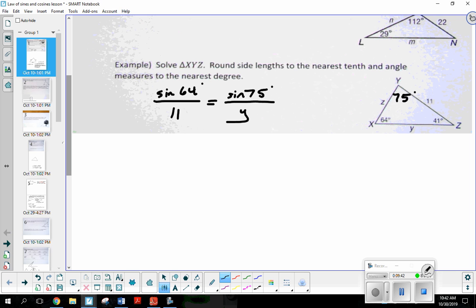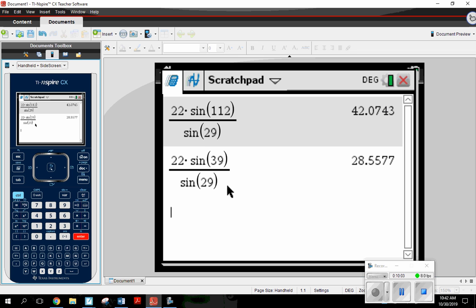Okay, cross multiply. So let's see here. Eli, can you give me the expression that's going to give me the length Y? There we go. 11 times the sine of 75 degrees over the sine of 64 degrees. Perfect. So let's see what that is.